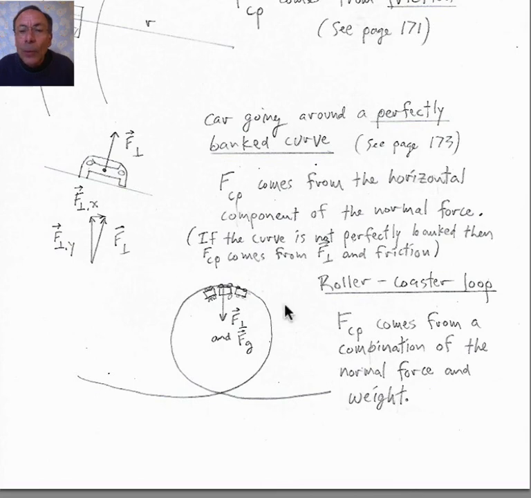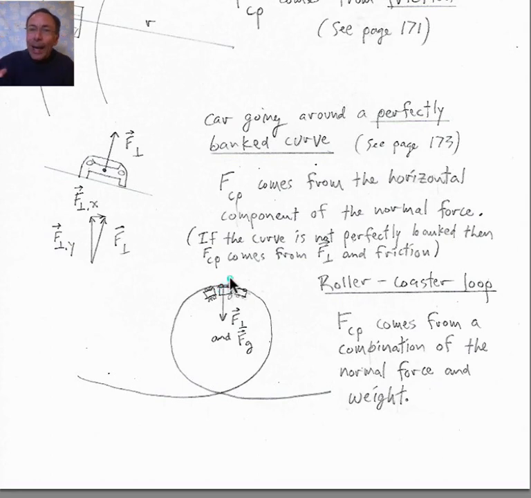Okay. One last example, roller coaster loops. Where is the centripetal force coming from in this case? You've got to ask the question if you're designing this thing. If the loop is perfectly designed, where you define perfect to be maximum scariness for the passengers without killing them, they're going to have the illusion of being weightless right at the top of the curve.